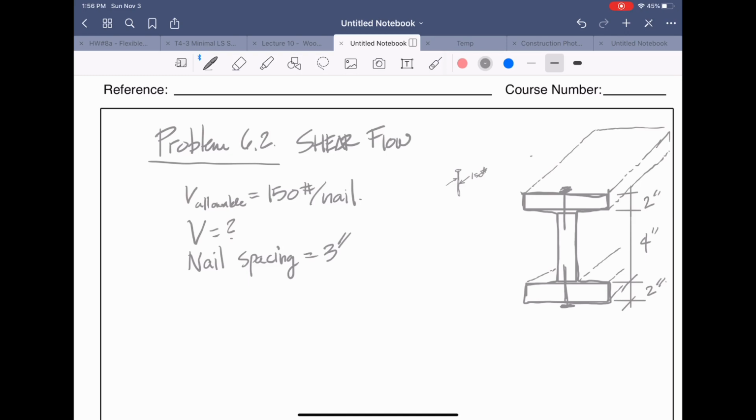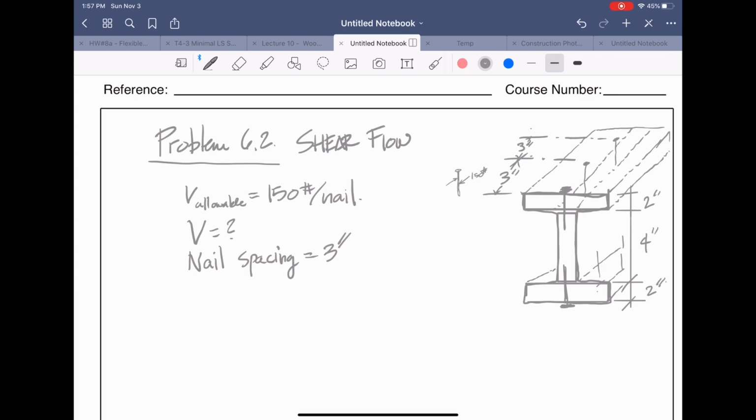So I have a nail here, a nail there. That's that face right there below. The nail is being nailed in every 3 inch on center, 3 inch, 3 inch. This is continuously being nailed.